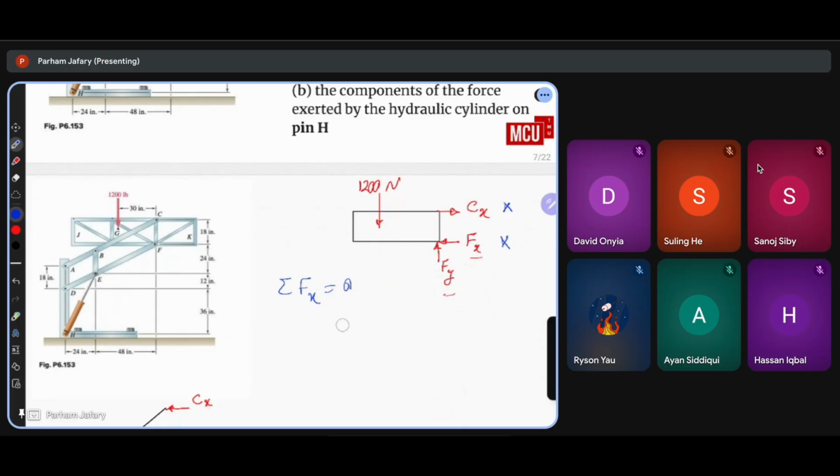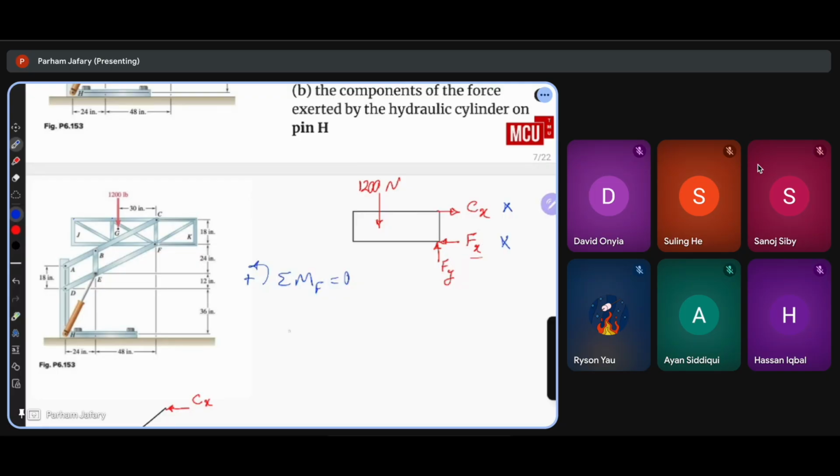So for this one, if we take the moment around point F, the effect of Fx and Fy will be cancelled out, right?